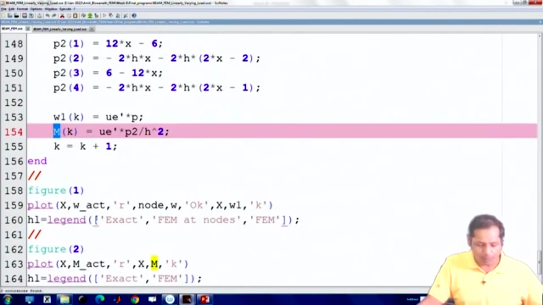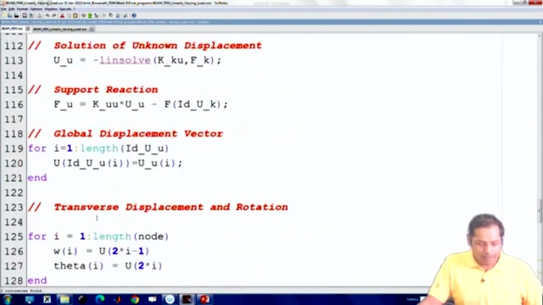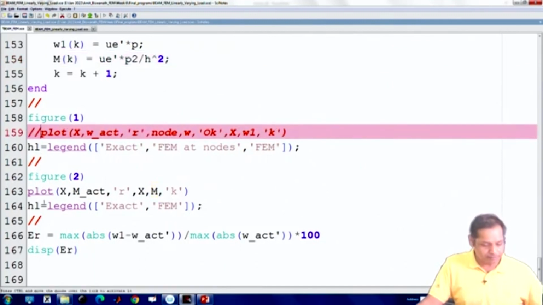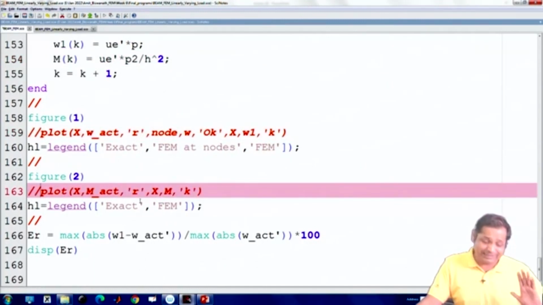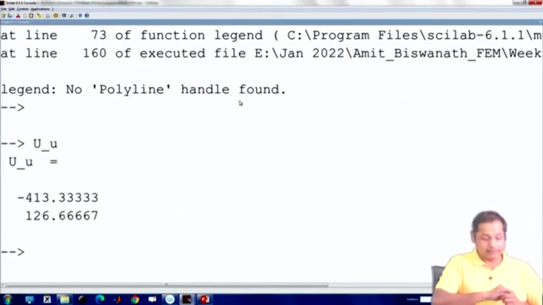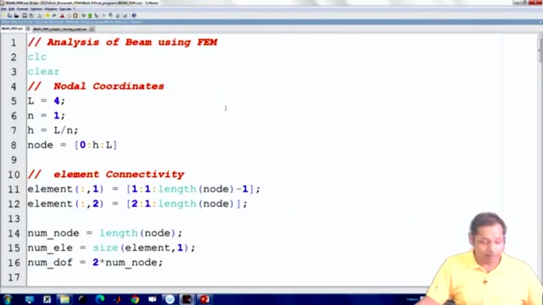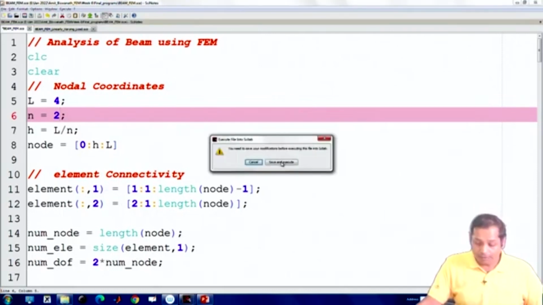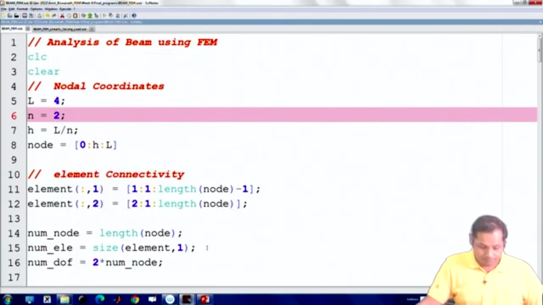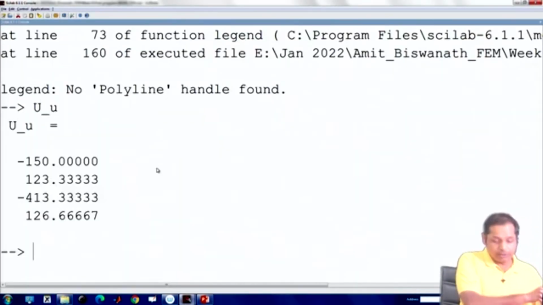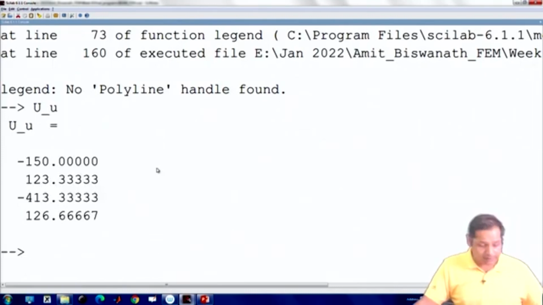And next we need to plot it. Okay. Now first, we will not plot it. First let's see the result. So how much is U? We have used one element, so let us make it two elements so that we can compare these results with our manual calculation. Let's compute UU and see the UU. UU is this, and let's see our result.